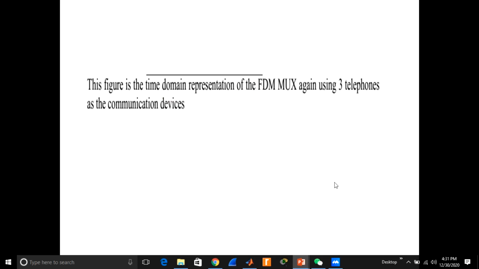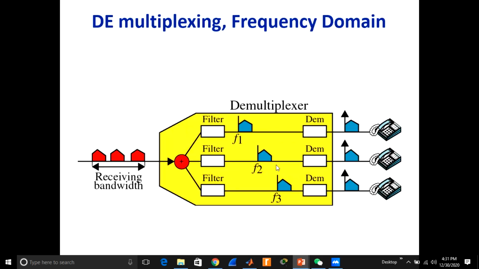Same case here when the receiving bandwidth is that. So we will use the filter from lower frequency 1 to higher frequency 1. So it will pass through this filter. These are band pass filters, which we have discussed in circuits.